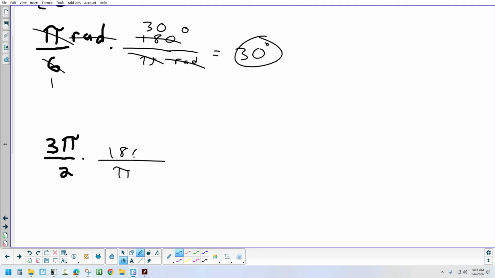You do have to put that symbol. Okay, 180 degrees. So radians is gone. Pi is gone. And if we reduce, what goes into 2 and 180? 2. 2 goes into 2 once. Goes into 180 how many? 90. And what are you left with for final answer? 270 degrees. Make sure you put the symbol.